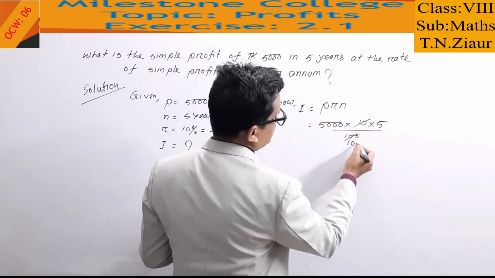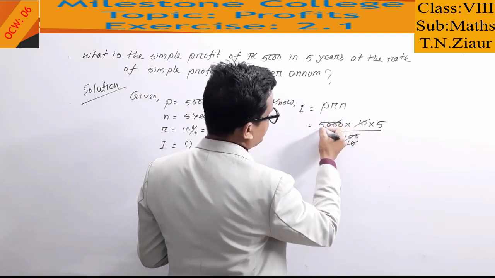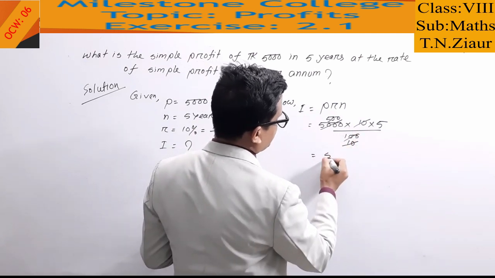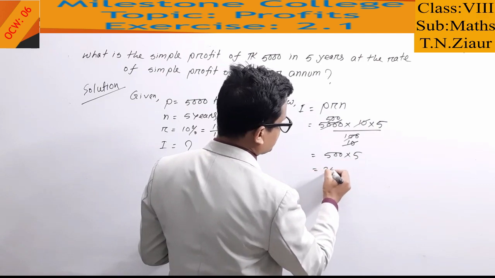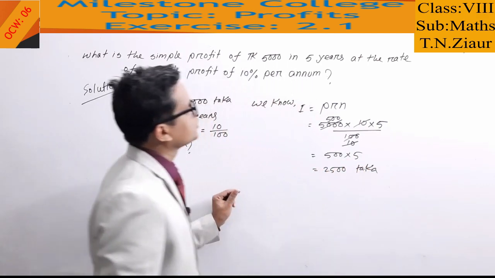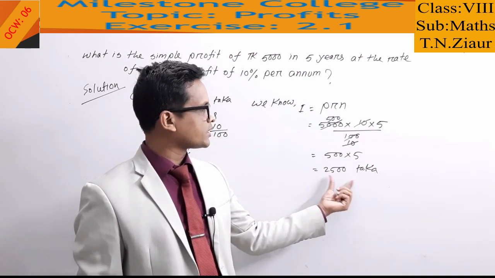So we can cut this one, it will be 500. Now just multiply 500 into 5. So 5 5s are 2,500. So the simple profit is I is equal to 2,500 taka.